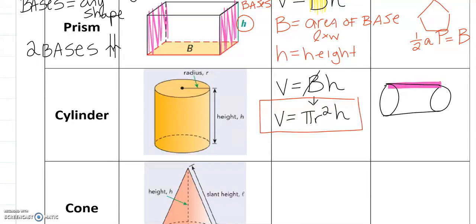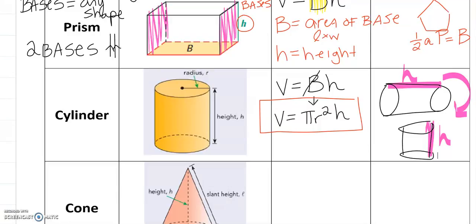It's connecting the left and the right bases. Imagine that if I were to rotate this shape and have it stand straight up, your height would still be that pink side. It's just now standing straight up like we're used to seeing. So be very careful. Your height is always just the length connecting your two bases.